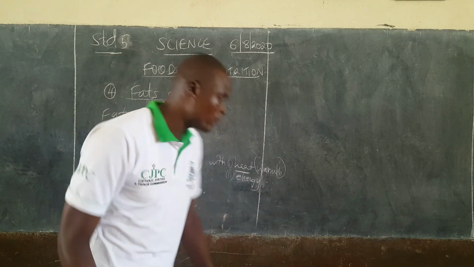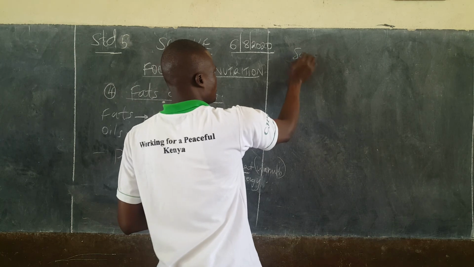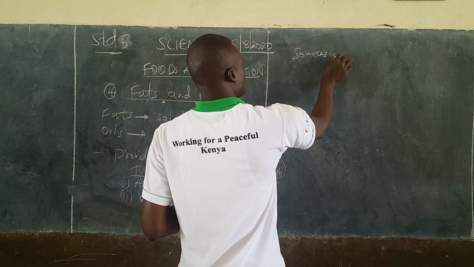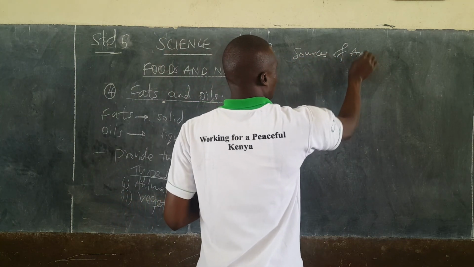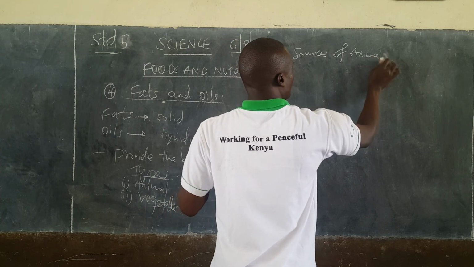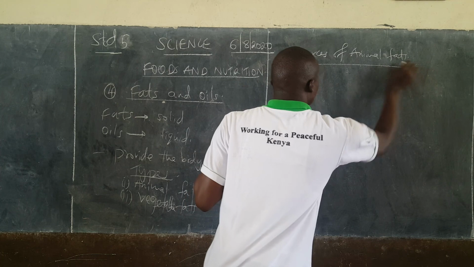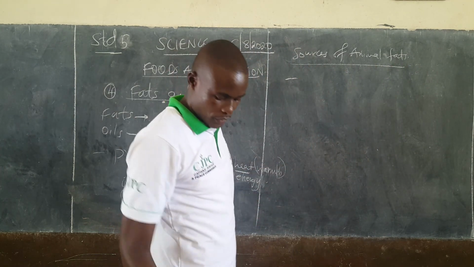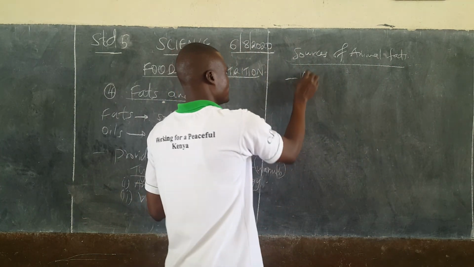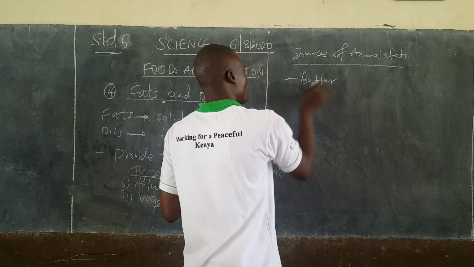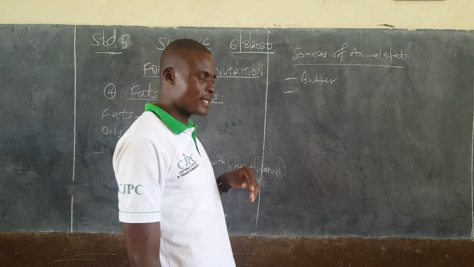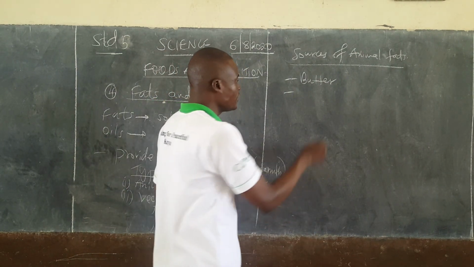Again, we now go to the sources of animal fats. Where do we get them from? Number one, we have butter. Butter is a very good example of animal fats. Then number two, we have cheese.